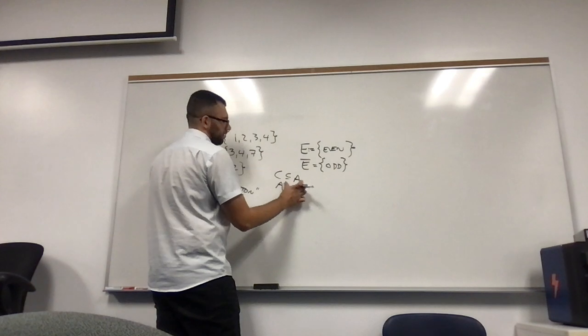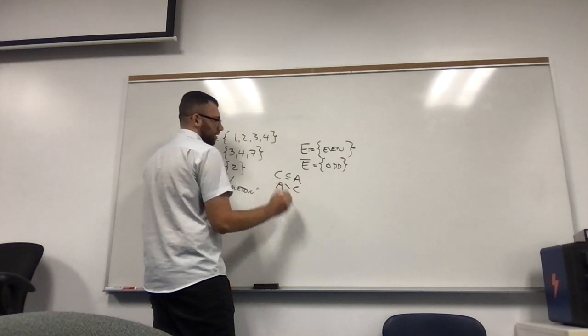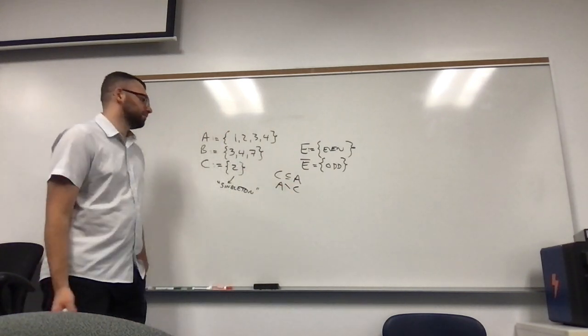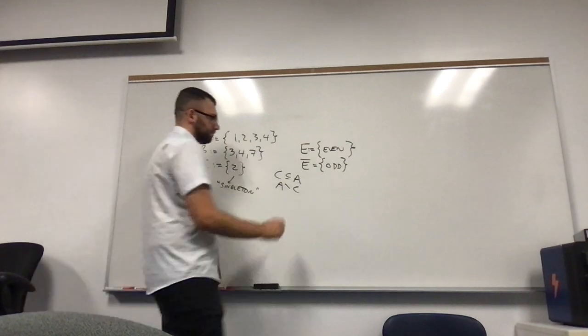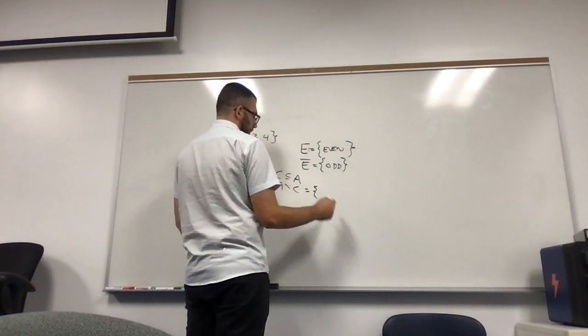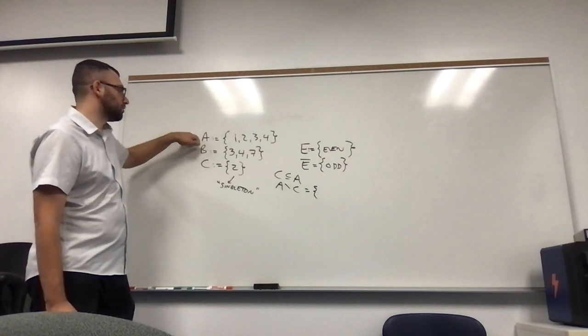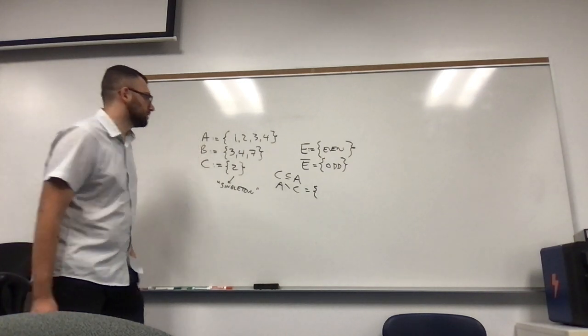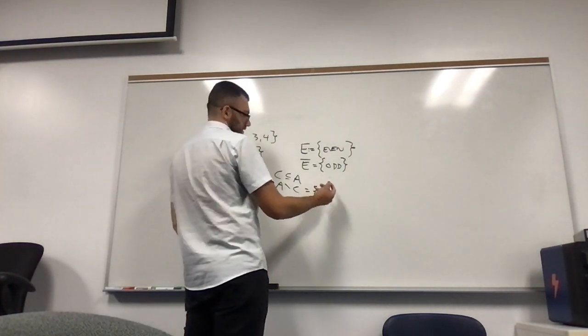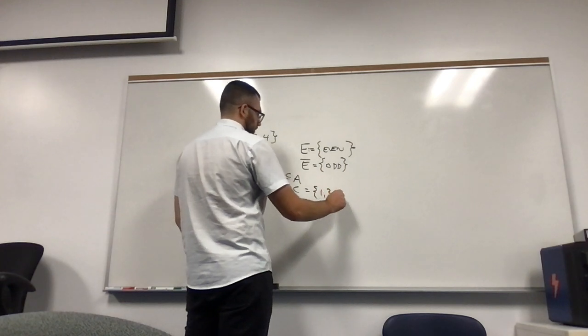Sometimes you just see it as literally a minus sign, but I usually do a slash. So A minus C. In this case, we're gonna take the things in C and drop them from the list A. So if we get rid of the thing in C, which is 2, all we're left with is 1, 3, 4.